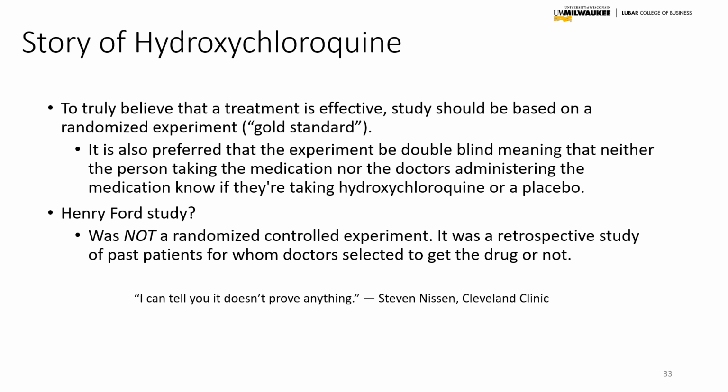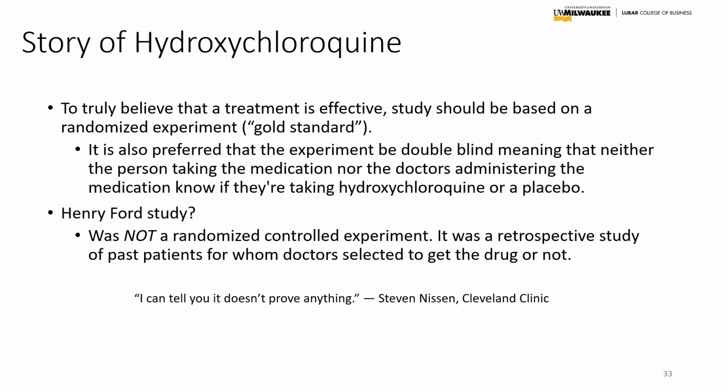To truly believe that a treatment is effective, the study should be based on a randomized experiment. It is also preferred that the experiment be double-blind, meaning that neither the person taking the medication nor the doctors administering the medication know if they're taking, in this case, hydroxychloroquine or a placebo.